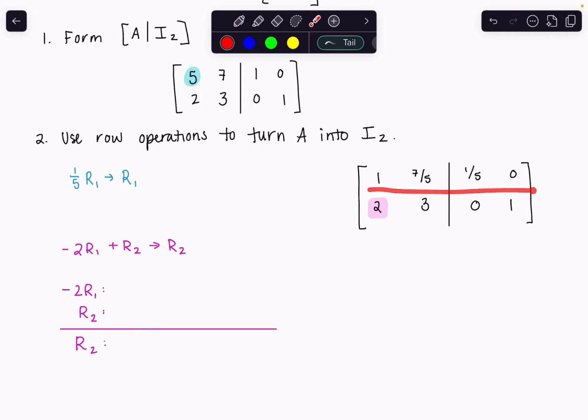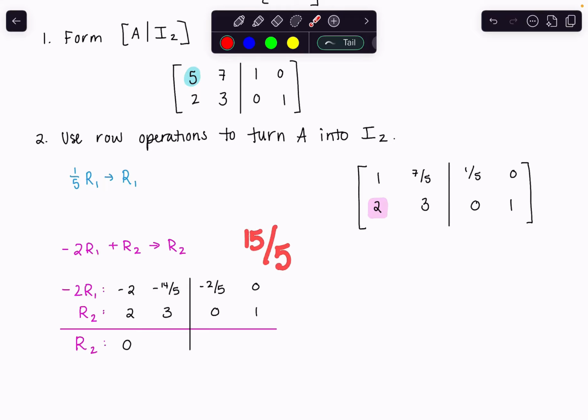So if I multiply this top row by -2, that's going to give me -2, -14/5. Then I have my bar in the middle. Then we've got -2/5, 0. And then we're doing nothing with this row. So when I add them together, that gives me 0. Well, if I want to do -14/5 plus 3, 3 is 15/5.